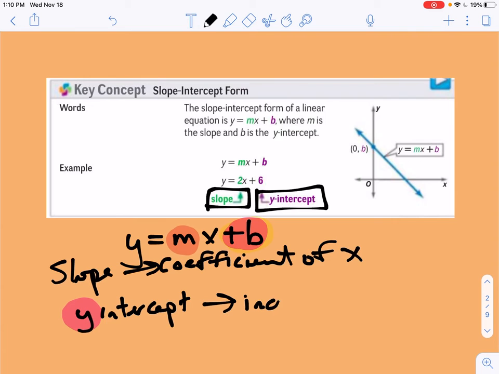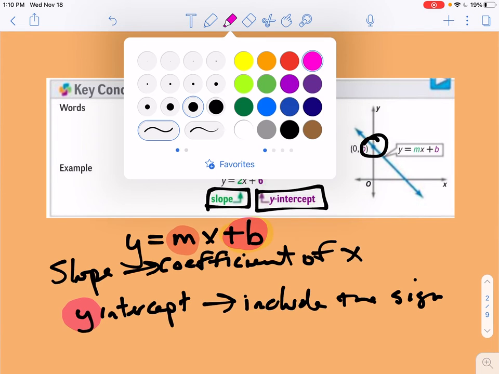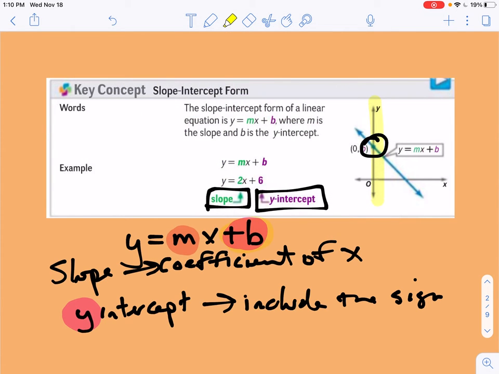Just make sure you include the sign, because that tells you exactly where it is on the y-axis. So that's what a y-intercept is. A y-intercept is where this line is going to cross the y-axis. If you look at this picture, this is your y-intercept, and it's called the y-intercept because it is where it crosses the y-axis, that point right there.